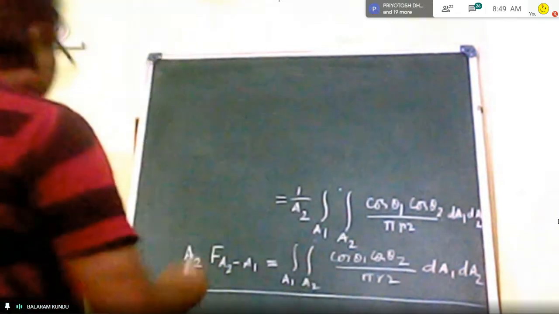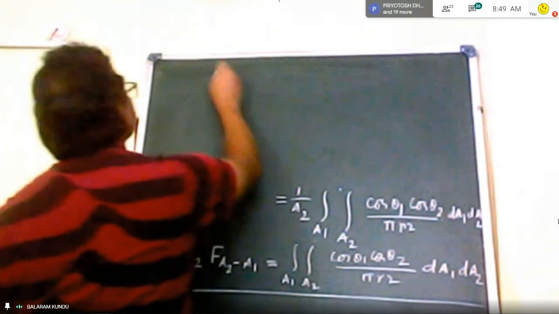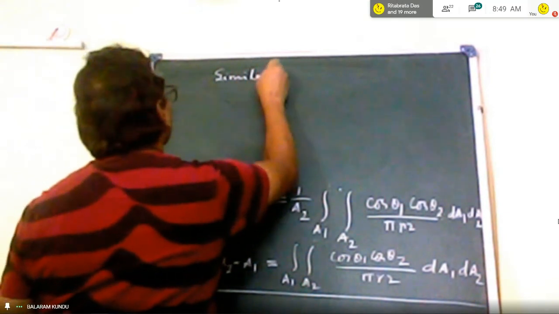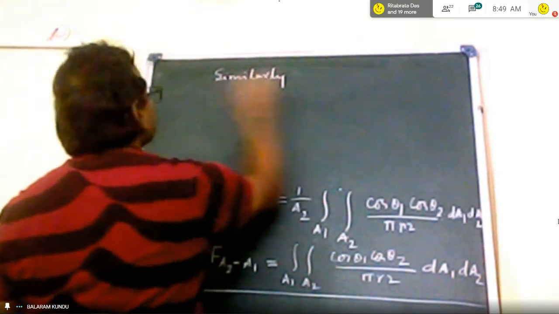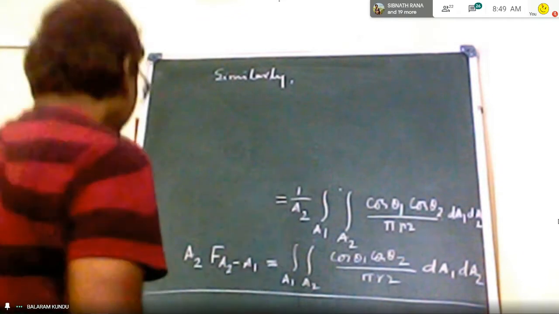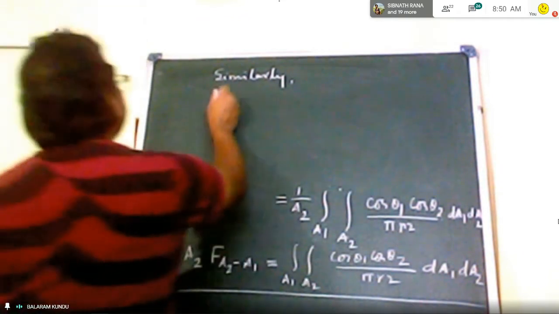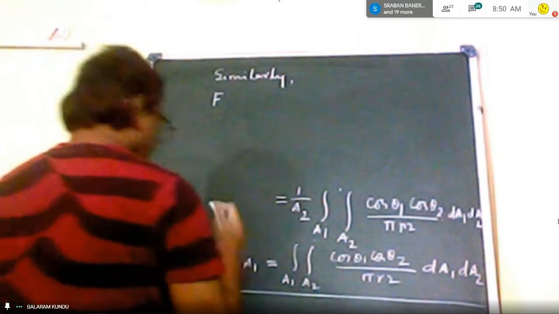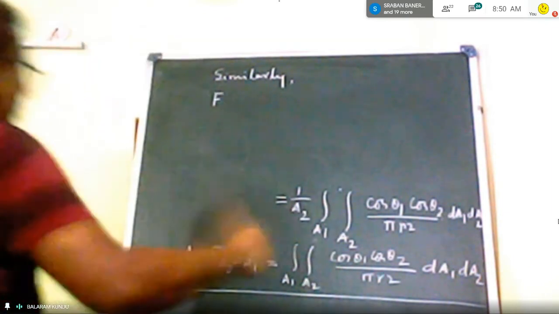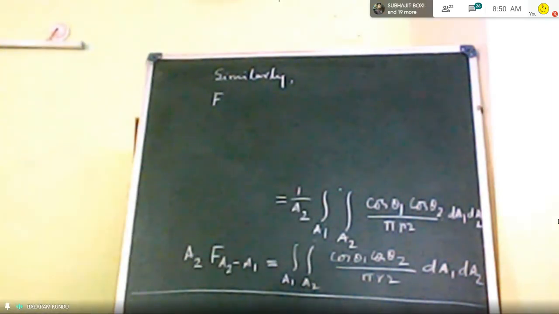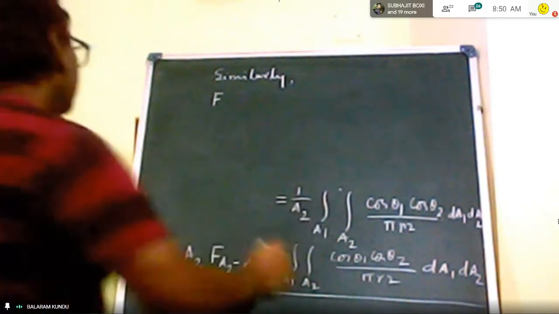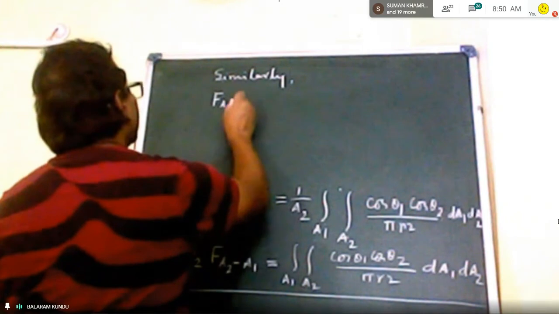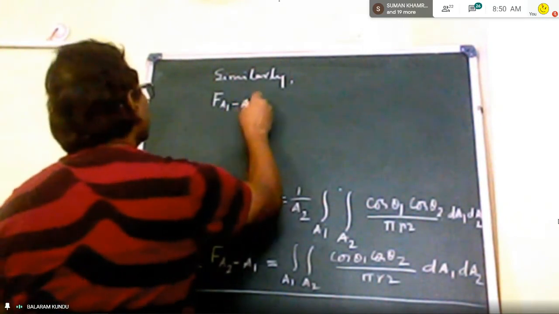Similarly, for the shape factor F, instead of A to A1, we want to write the shape factor from A1 to A2, that is F A1 to A2.